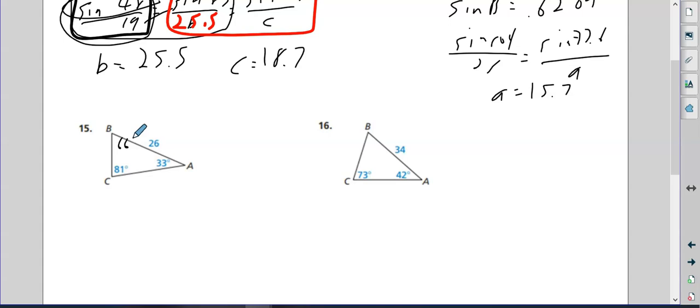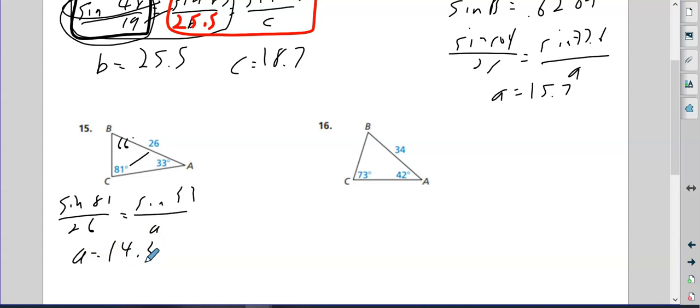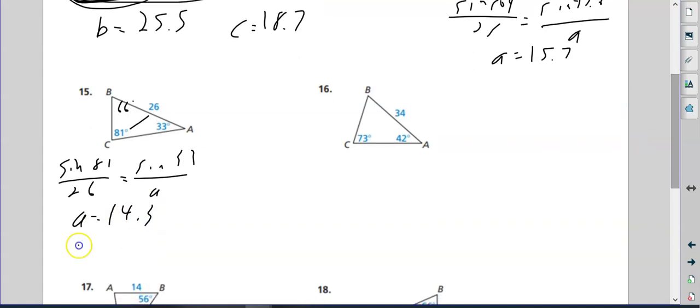So again, the magic one we have is sine of 81 over 26. So sine of 33 over little a. And again, we're just going to cross multiply and divide, and that's going to give me a is 14.3. And then I just do it again.